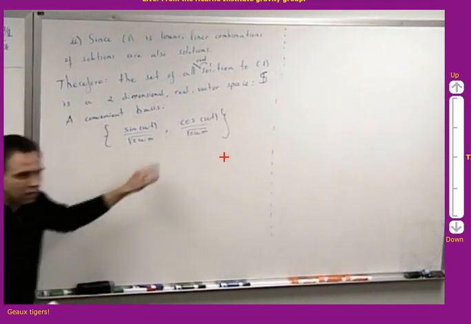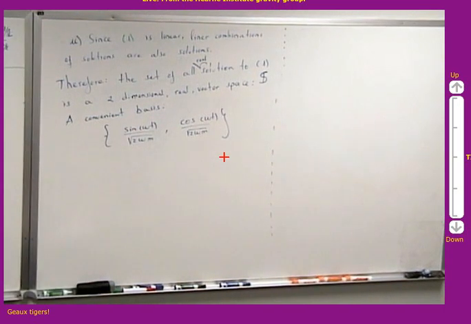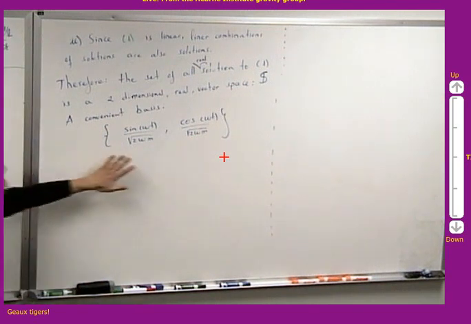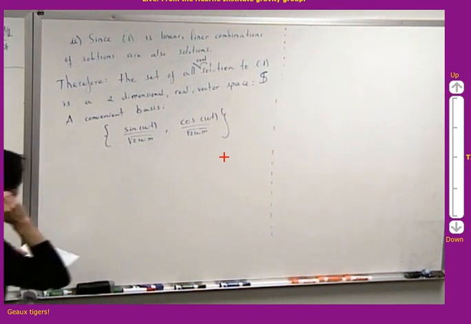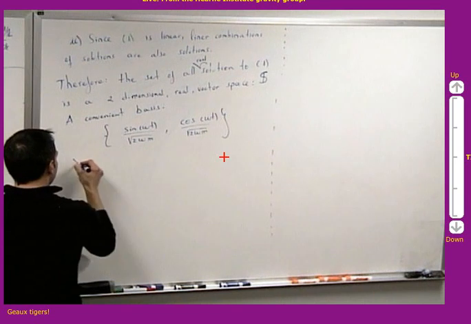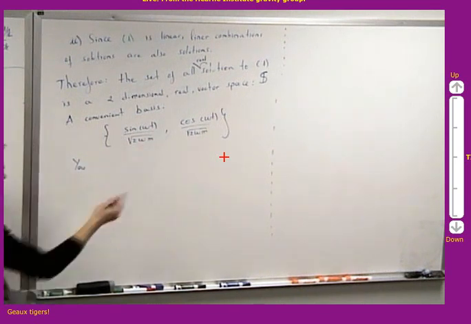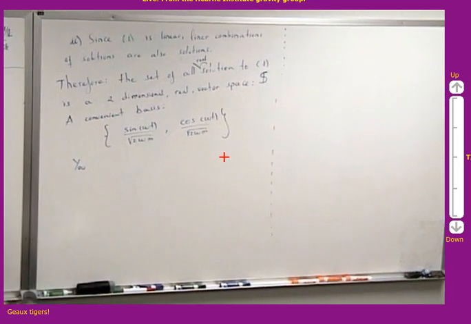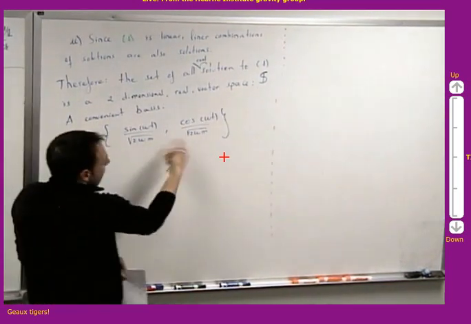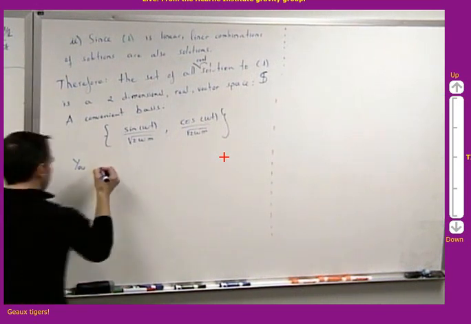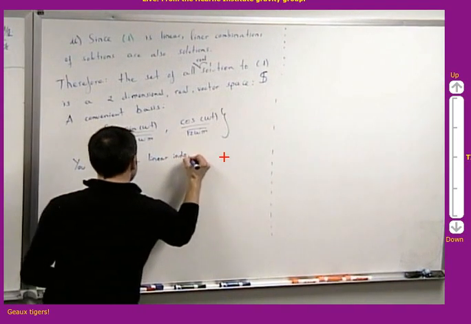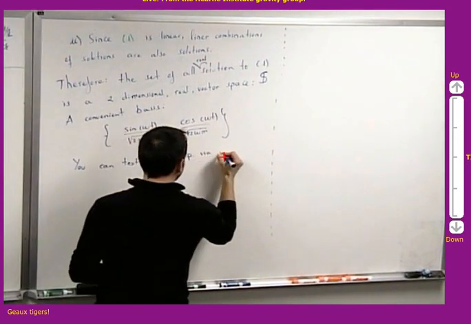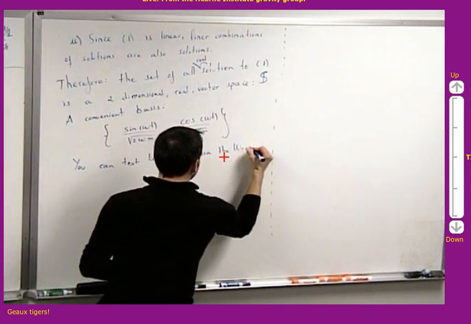So this is an explicit basis of the space of solutions to that equation. Any solution will be a linear combination of these two elements. And if you don't believe me that they are a basis, we know the space is two-dimensional, so they have to be independent of each other. You can test linear independence via the Wronskian of the equation.